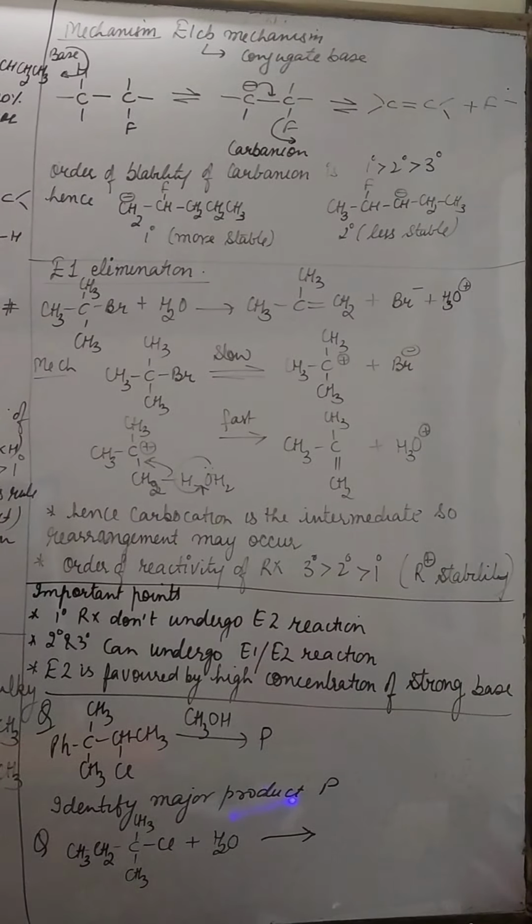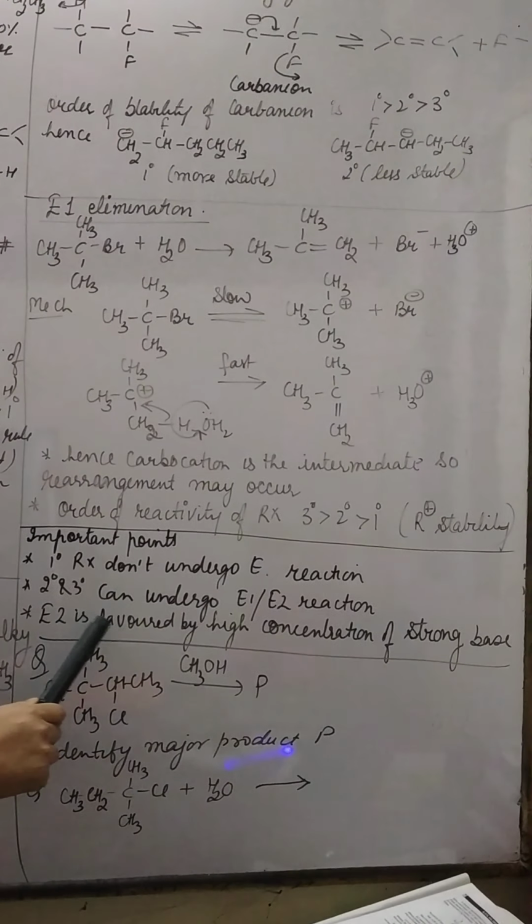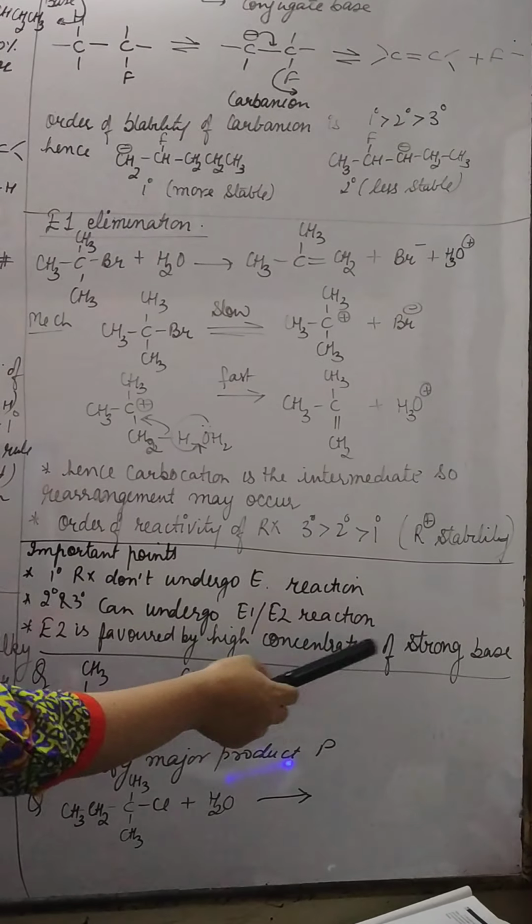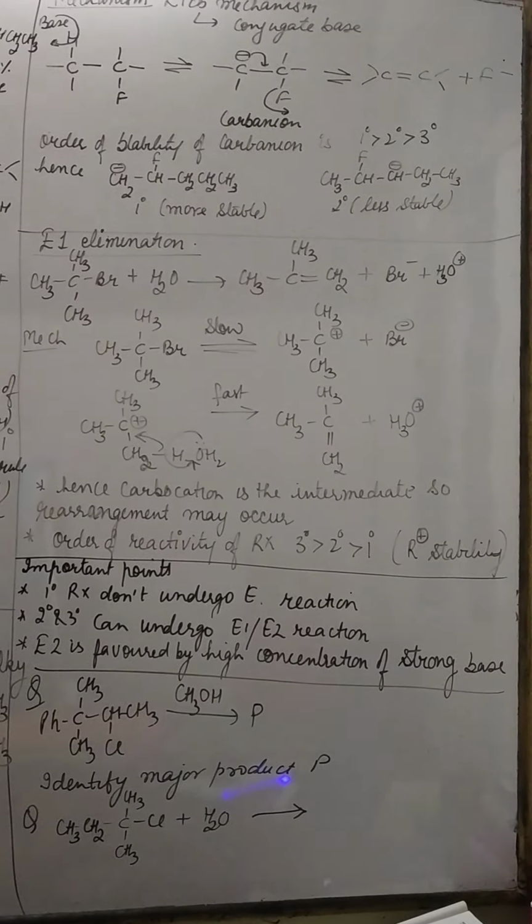So 1 degree carbocation is very less stable, therefore 1 degree alkyl halides do not undergo E1 reaction, right? 2 degree and 3 degree can undergo E1 as well as E2. So E2 is favored if a high concentration of strong base is present, because the rate law involves the concentration of base also.